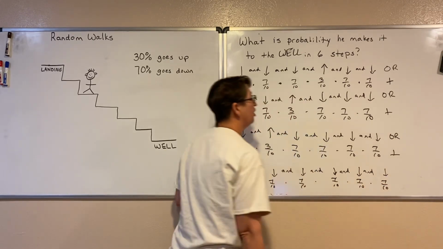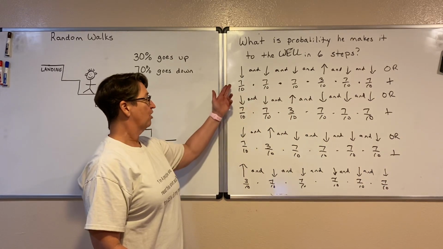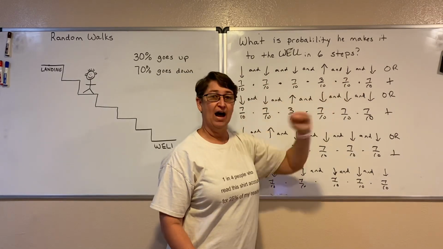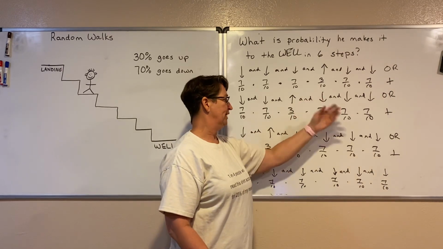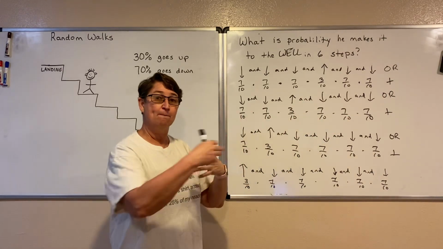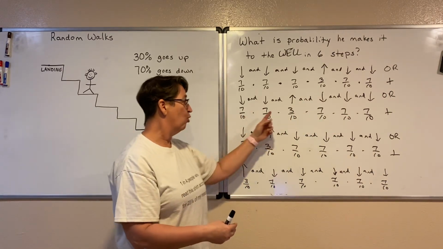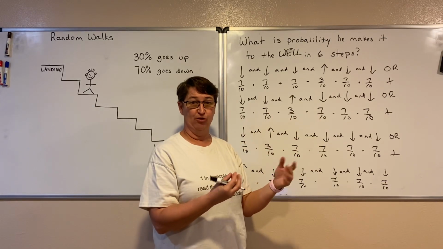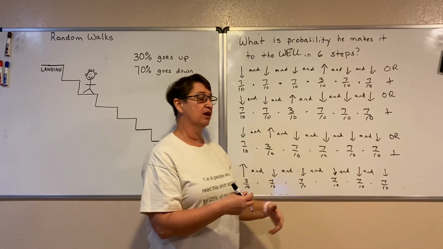Now what I want you to notice is on each one of these on top, I have 1, 2, 3, 4, 5 sevens and a 3 on every one of them. And when I'm multiplying, multiplication is commutative, so the order doesn't really matter there. It's going to end up with the same number.